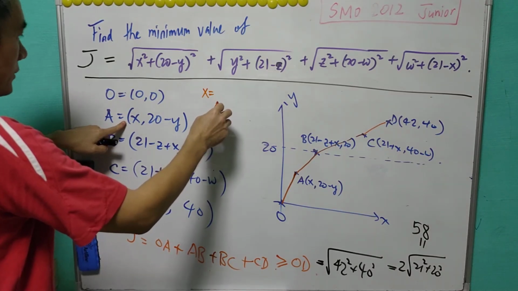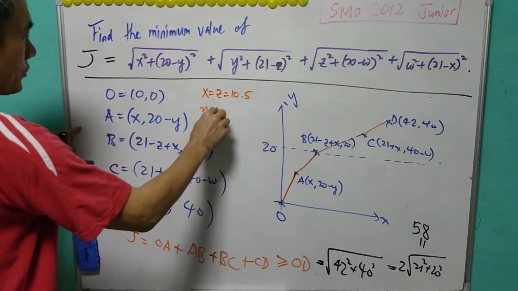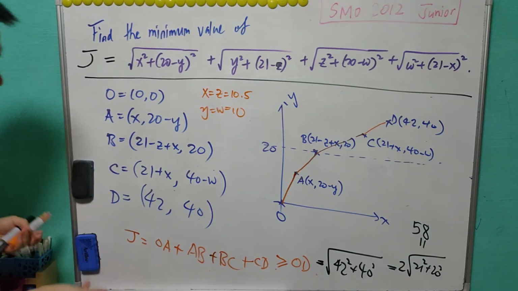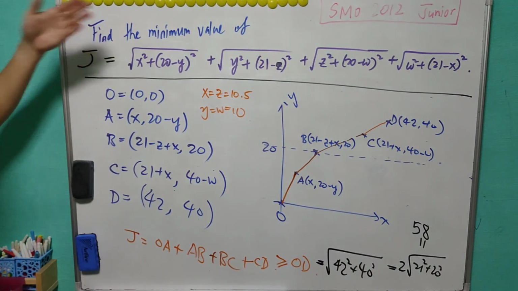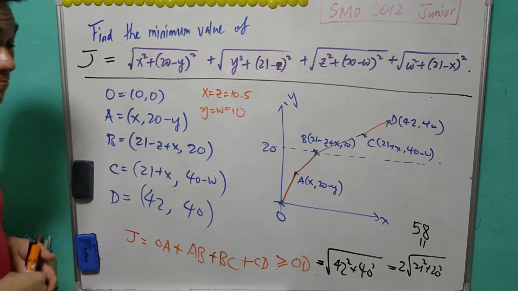If we choose x equals z equals 10.5, y equals w equals 10, we can see that the equality holds. Again, using this method, we confirm that 58 is the minimum value of J, and therefore 58 is the answer for this question. That's all for today's lesson. I'll see you again next time. Bye-bye.